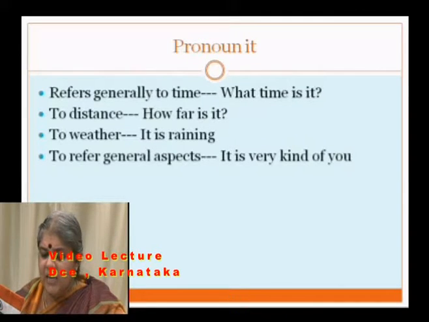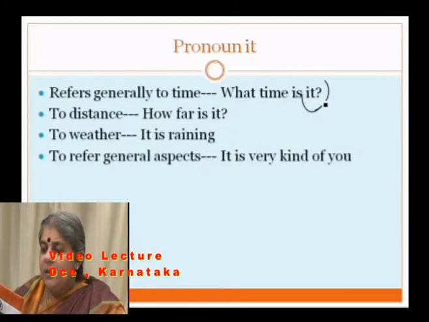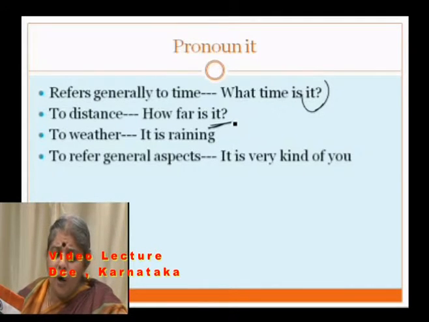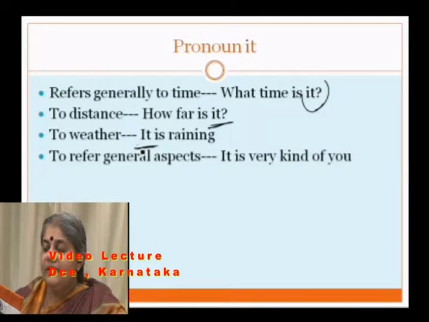Pronoun, what time is it? If I have to talk of distance, how far is it? Here the word it is a pronoun. How far is it? In terms of weather, it is raining.